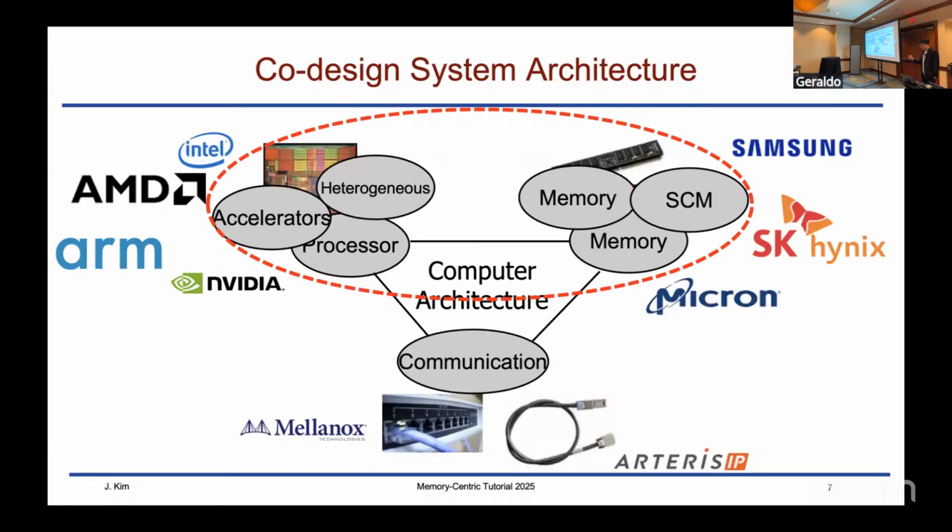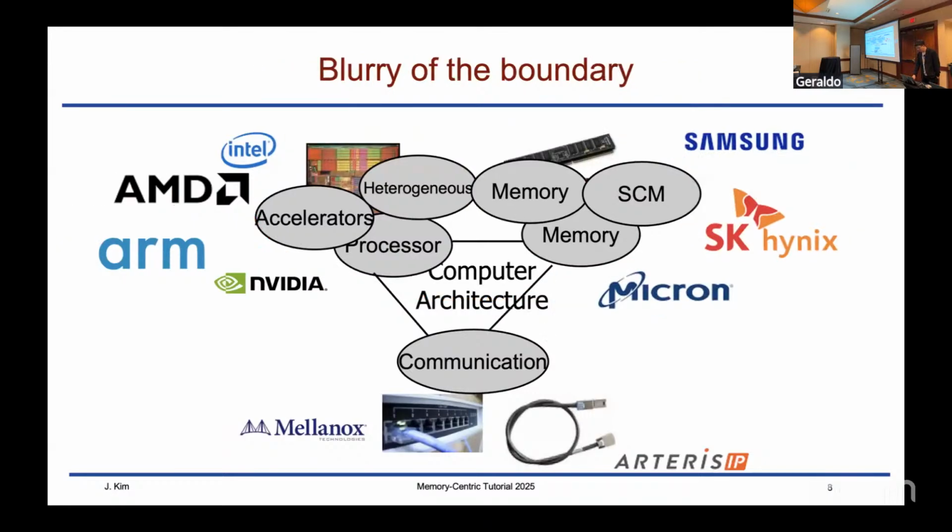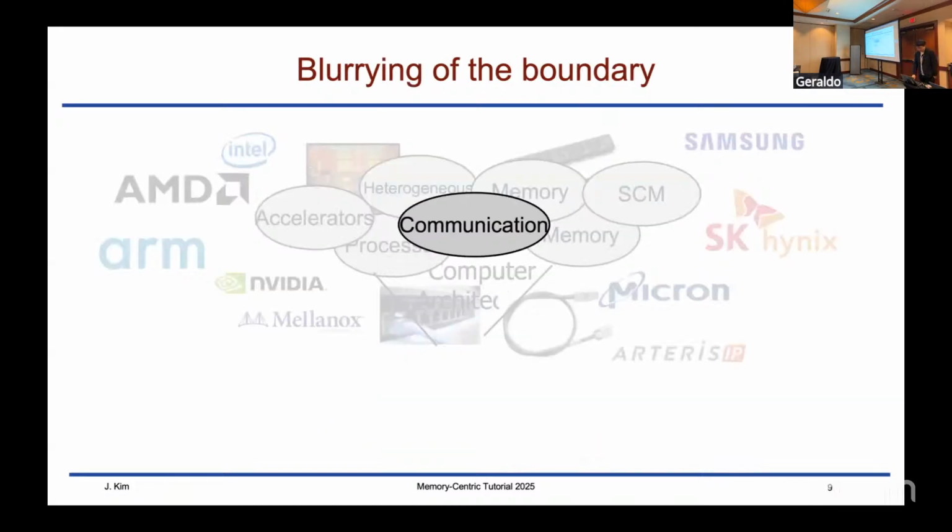So if you start to merge these together and blur the boundaries, which I think is an interesting approach that might be necessary, then what I would argue is that you're actually overlapping it with communication. And it's really hard to ignore what's happening in terms of communication.